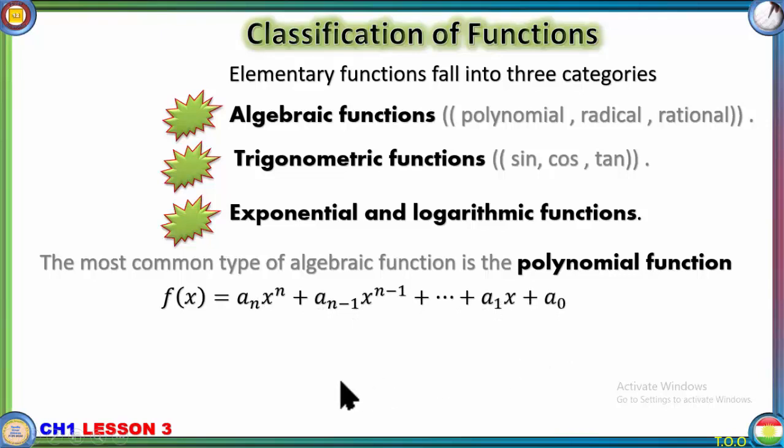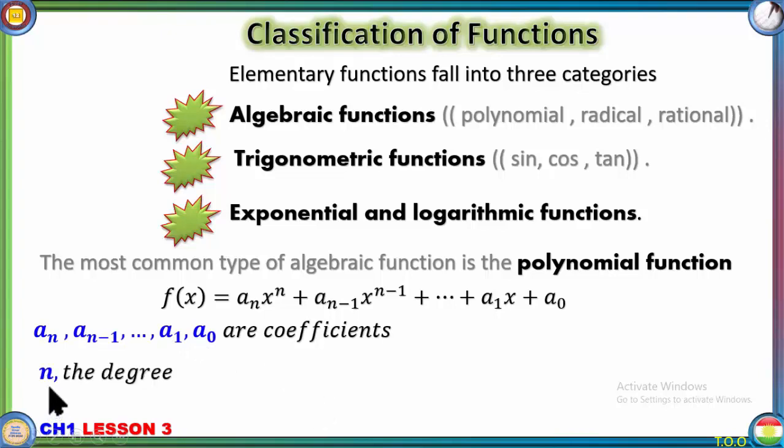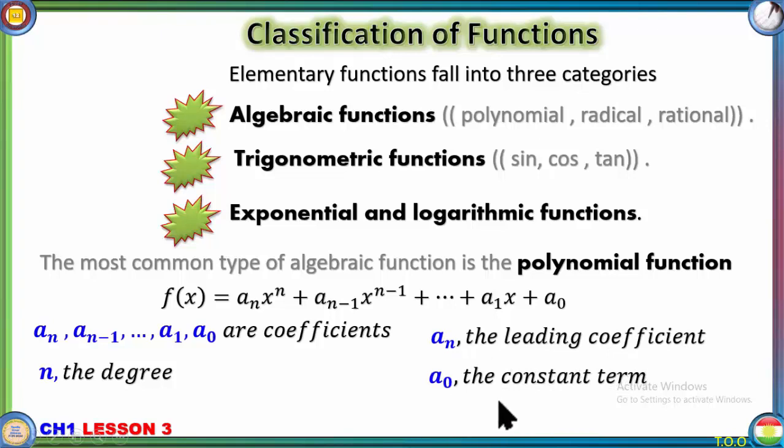The general form for the polynomial function is f(x) = a_n x^n + a_(n-1) x^(n-1) + etc. until a_1 x^1 + a_0, where a_(n-1) until a_1 and a_0 are called coefficients, and n is the degree of the polynomial, a_n is the leading coefficient, and a_0 is the constant term.